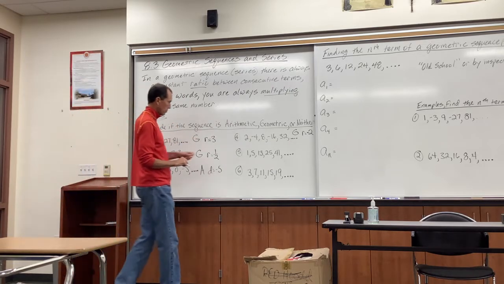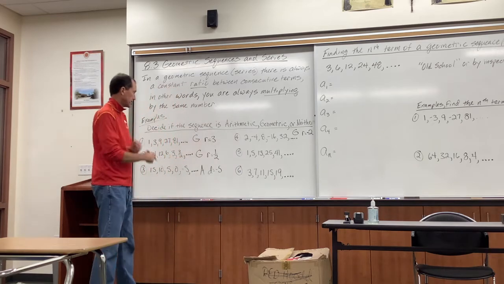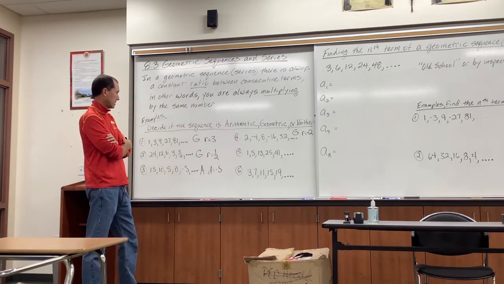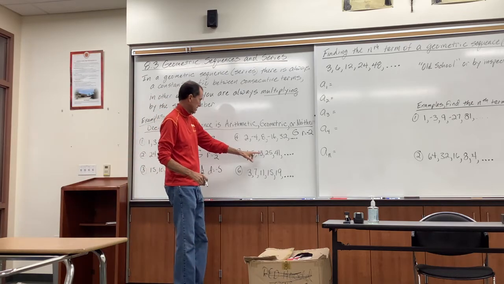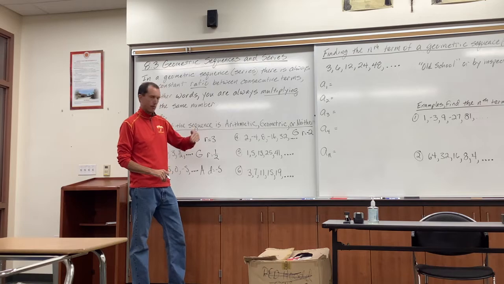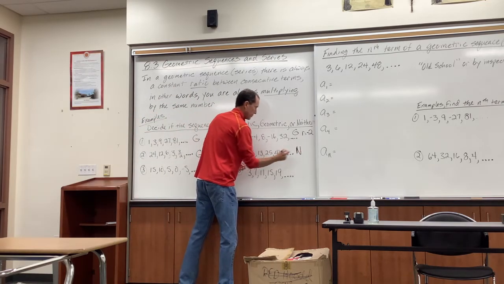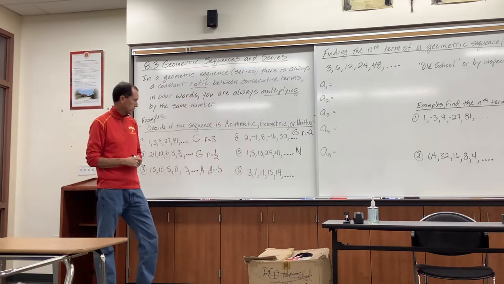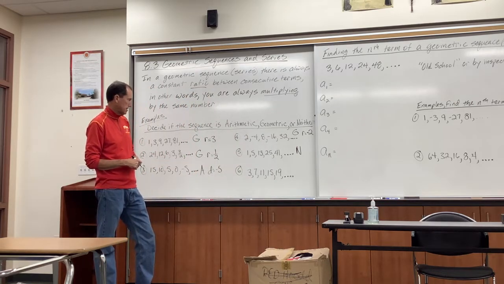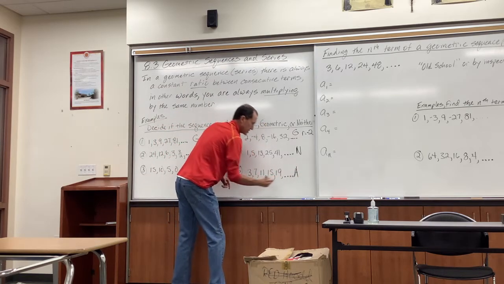Let's see here, 1 to 5 to 13, doesn't really look like, you're certainly not multiplying by anything. You're adding 4, then 8, then 12, then, okay, there is a pattern, but it's not where you're adding the exact same number each time. This one would just have to be a neither, even though you could probably predict what the next terms are. And this last one, I think that's an easy one from the previous section where it looks like it's arithmetic.